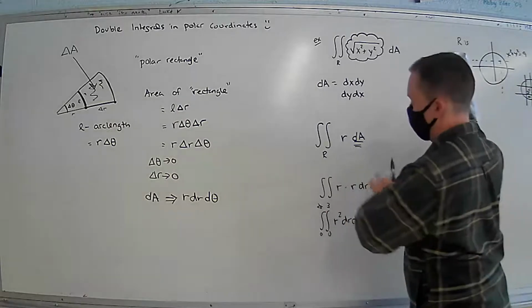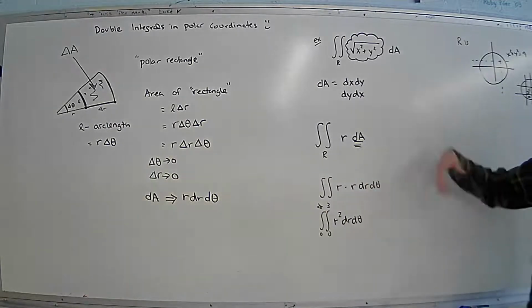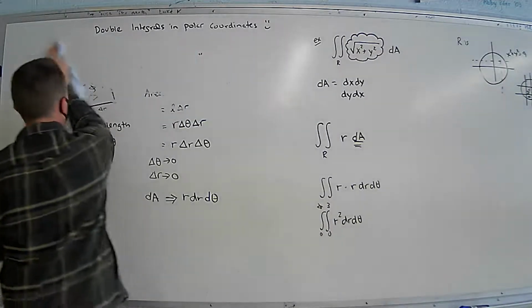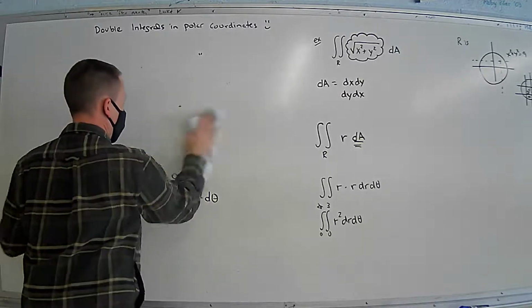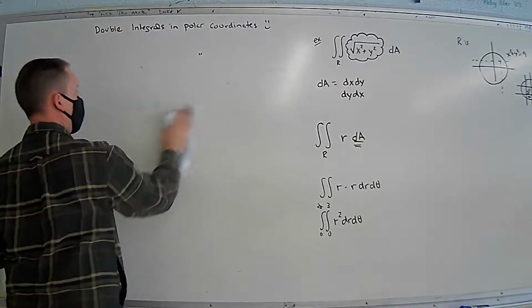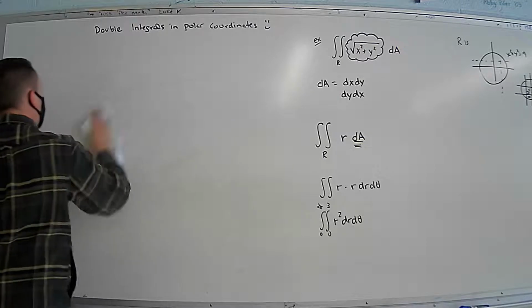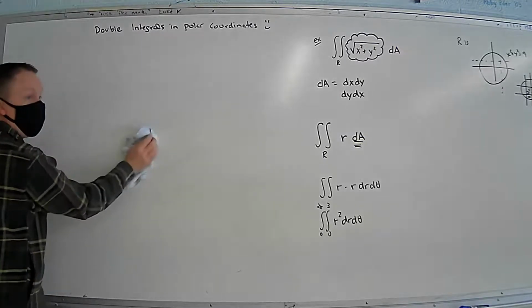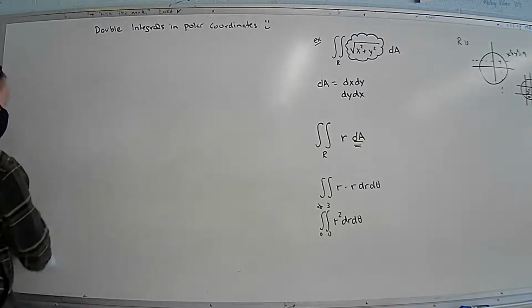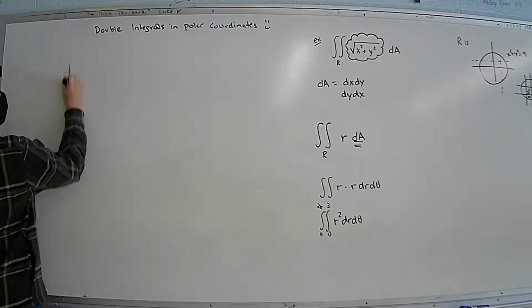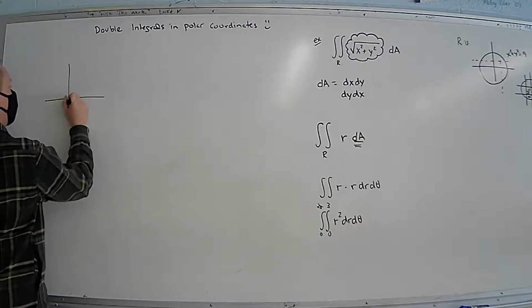let's say, I'm not going to finish this problem now. I'm going to quit and start something else here, because I want to dig into this r d theta bit a little bit more. Let's say I have a polar curve, like one of those flowers.